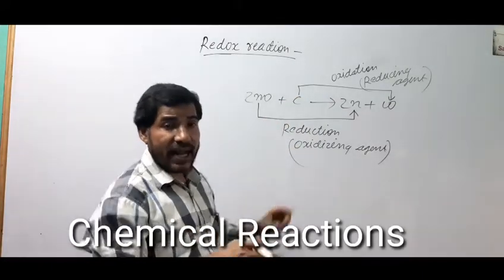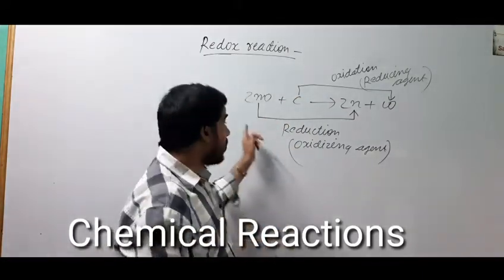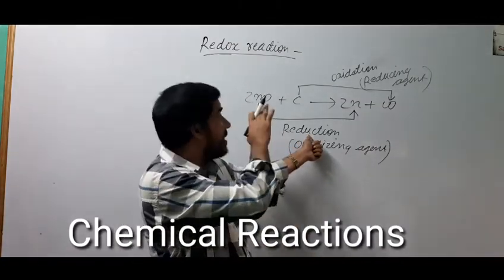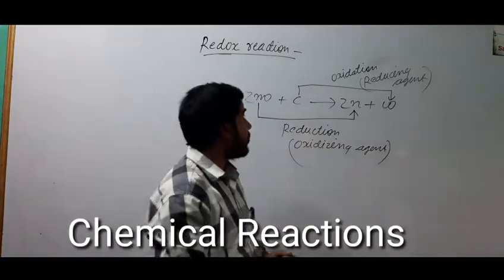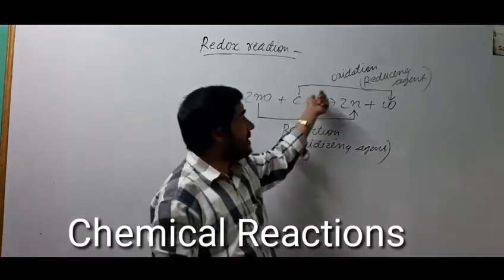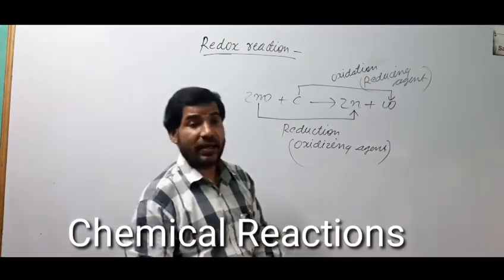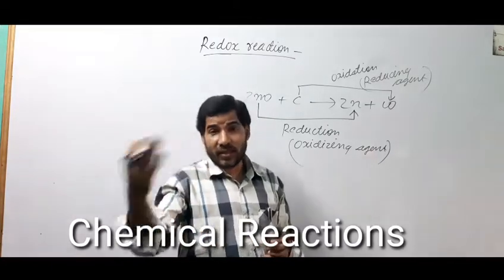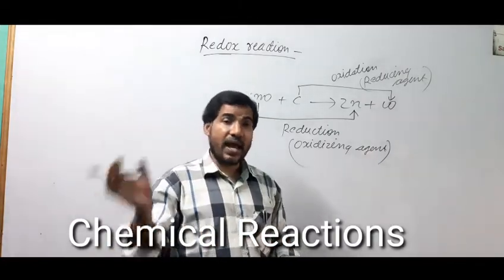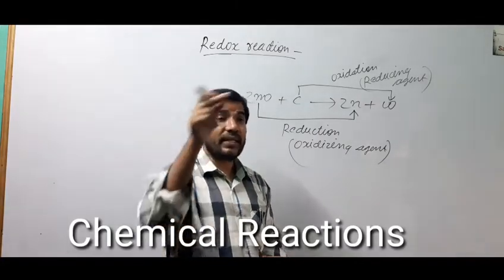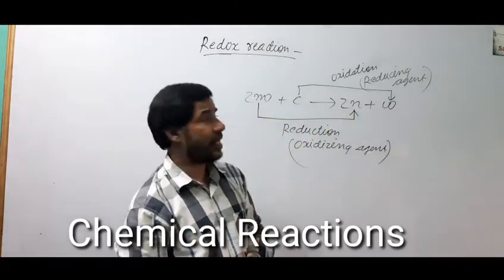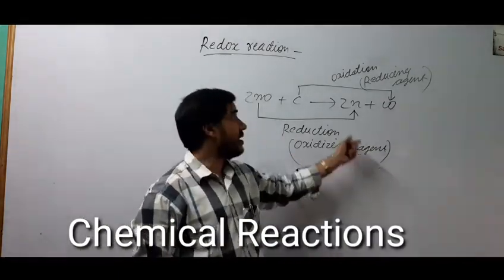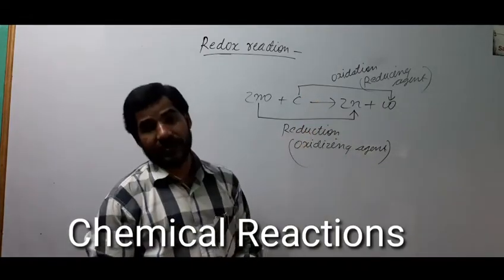So since zinc oxide helps in the oxidation of carbon, it is called an oxidizing agent. But itself, reduction takes place in zinc oxide, and in carbon, oxidation takes place, but itself it is a reducing agent. So those substances which help in the oxidation of other substances are called oxidizing agents, and those which help in the reduction of other substances are called reducing agents. In this reaction, zinc oxide acts as an oxidizing agent and carbon acts as a reducing agent.